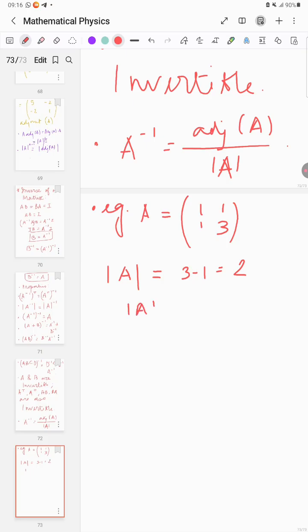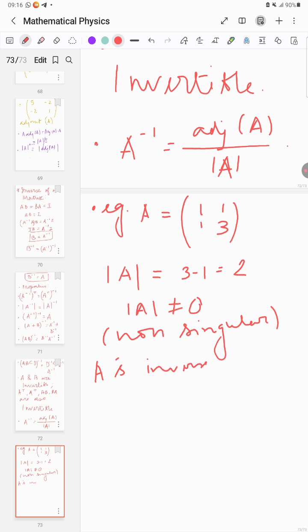So determinant of A is not equal to 0 and hence it is non-singular, and so its inverse exists.